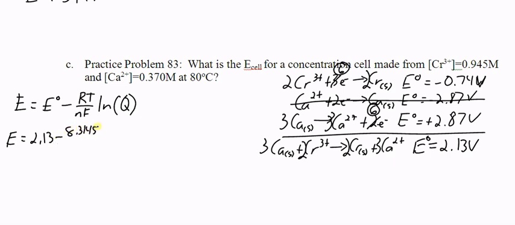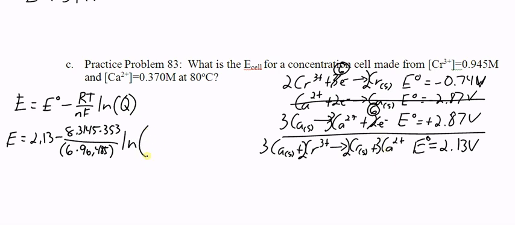I've got an R value of 8.3145 because we're talking about energy. My temperature is going to be 353. And then don't forget to group these terms. It's 6 electrons being transferred times 96,485, and then the natural log of.